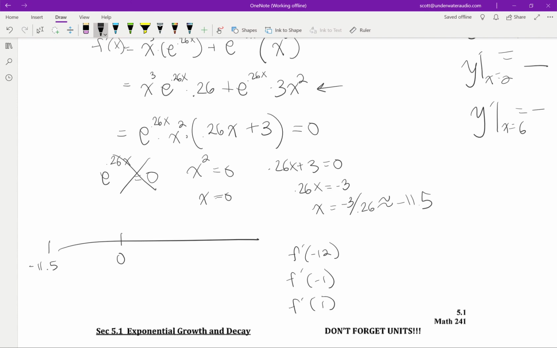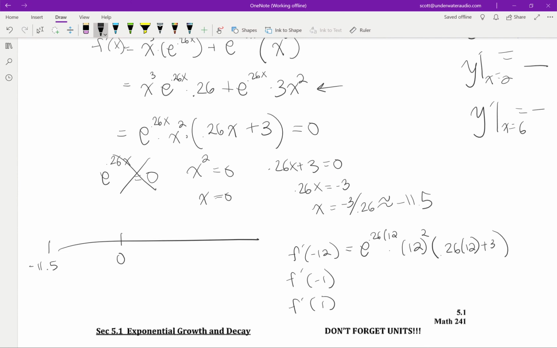So all I'm doing is choosing a point in each interval. It doesn't have to be the same ones I chose. I just tried to pick ones that would be easy to do mental math with. So the -12 one will probably be the hardest. So that would be e to the 0.26 times -12 times -12 squared, and then times 0.26 times -12 plus 3.